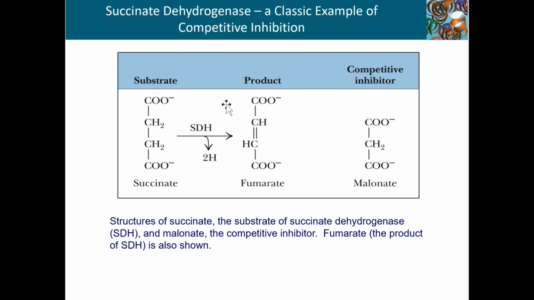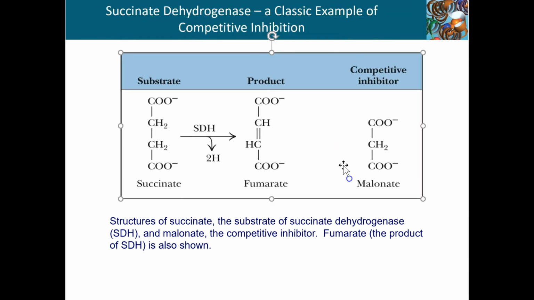Downstream, malonate, if it accumulates, can act as a competitive inhibitor by coming back here and blocking access of the substrate at SDH to shut down production of fumarate. And the more inhibitor that builds up, the less access succinate has to SDH. So this is a nice case of competitive inhibition that's also feedback inhibition metabolically.